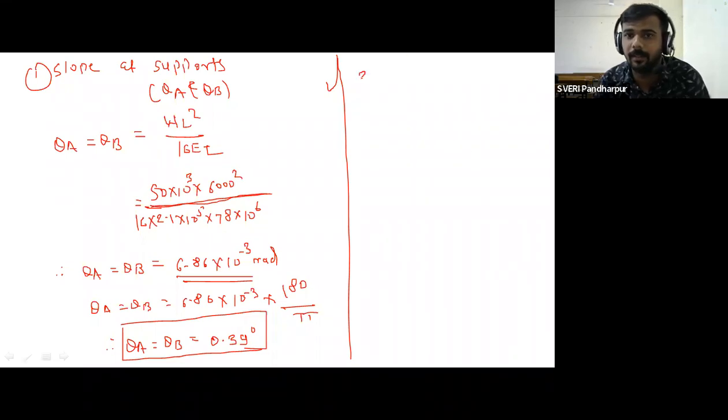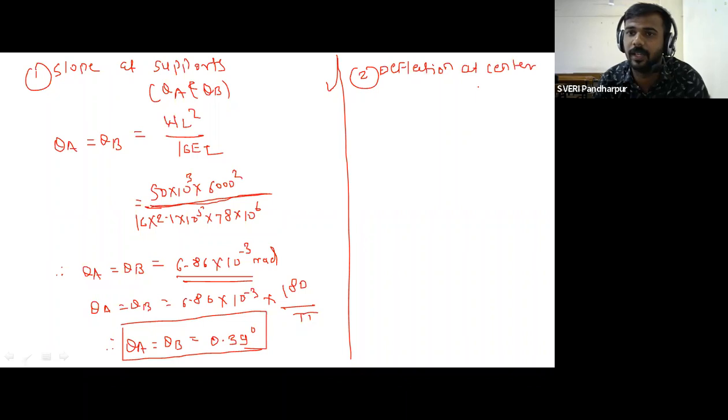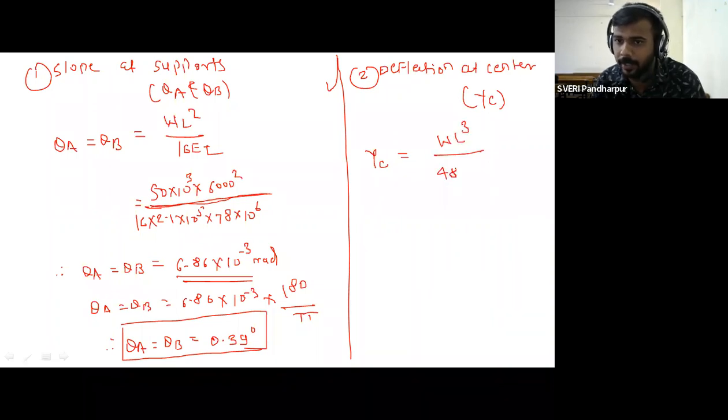And then deflection at center, that is YC. So what is the formula? YC is equal to WL cube upon 48 EI.